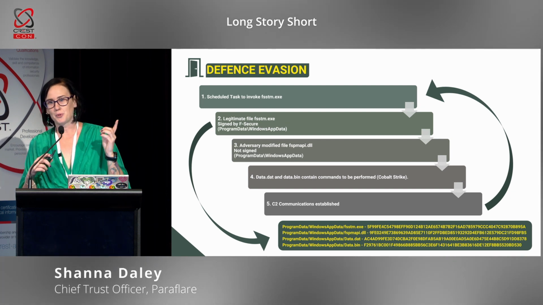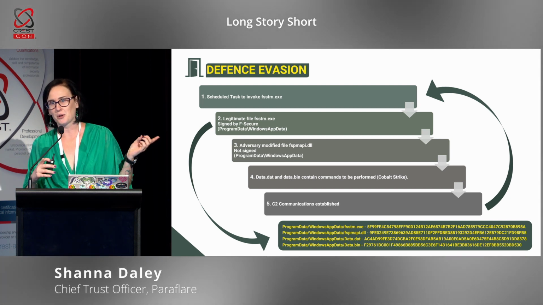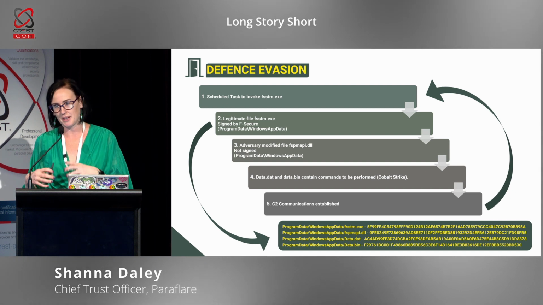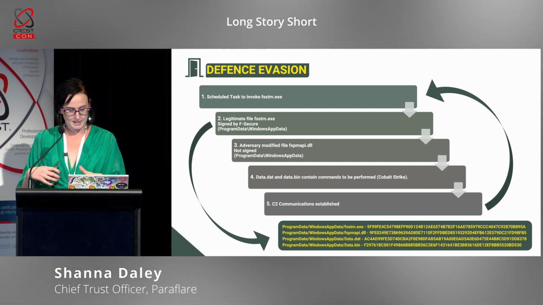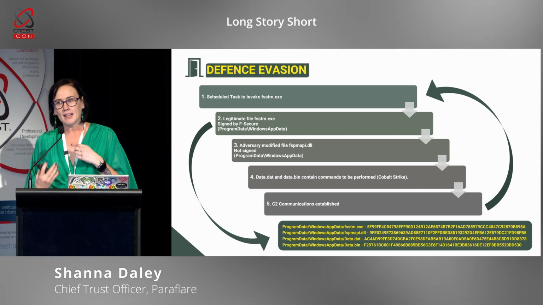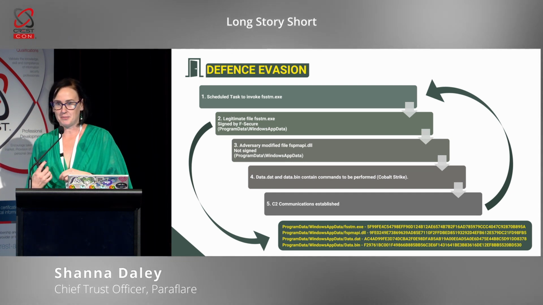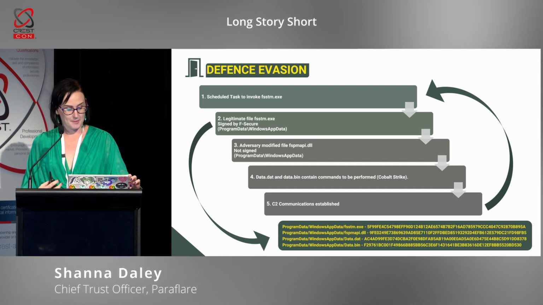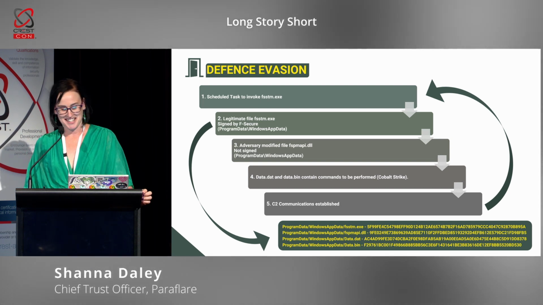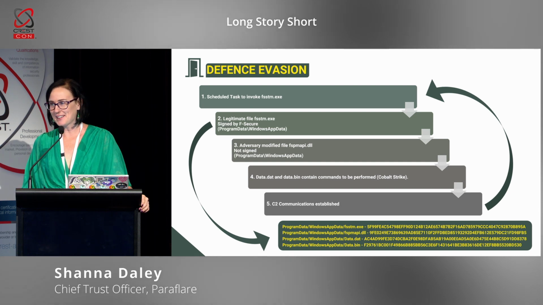So they put code within that file to call two other files that were also in that same directory, data.bin and data.dat. And in that data.bin and data.dat was kind of where the real fun began for them and for us when we were looking at these, what looked like, really weird things going on.